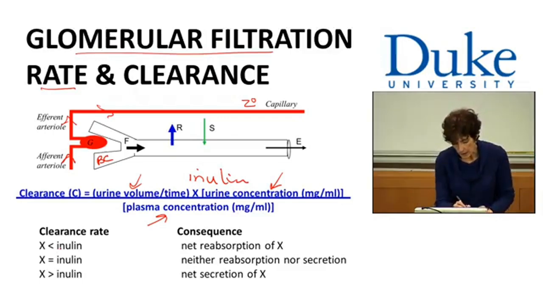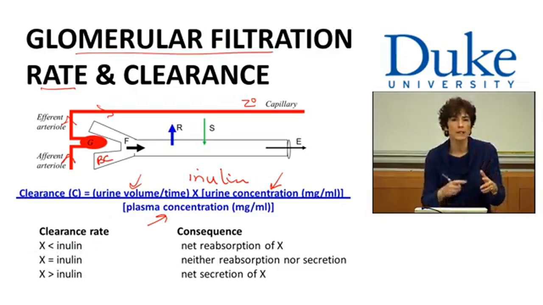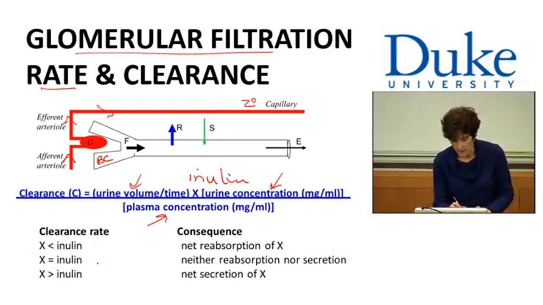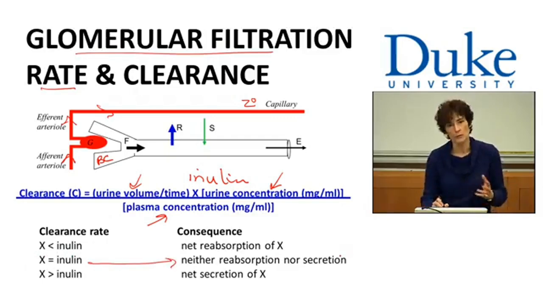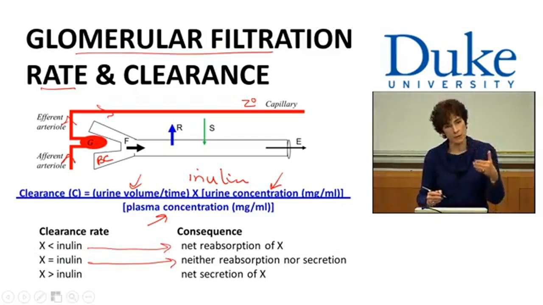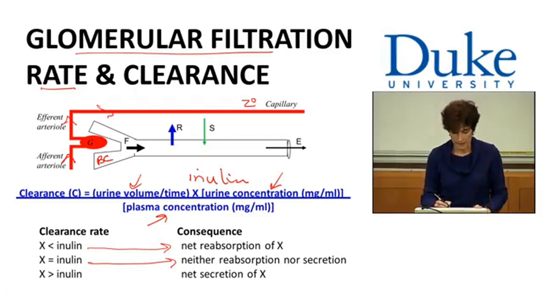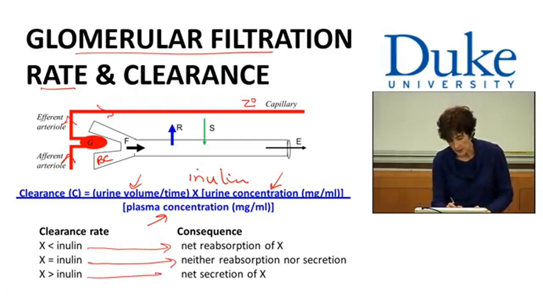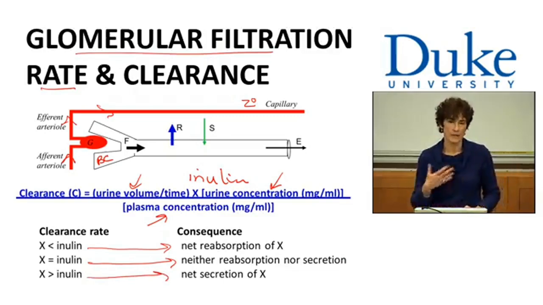When we do so, we can calculate its clearance rate. We can then compare it to inulin, and if it's equal to inulin, then we know that it was neither reabsorbed nor secreted. But if it's less than inulin, then that implies that it has a net reabsorption of the substance. And if it's greater than inulin, then we have a net secretion of the substance.